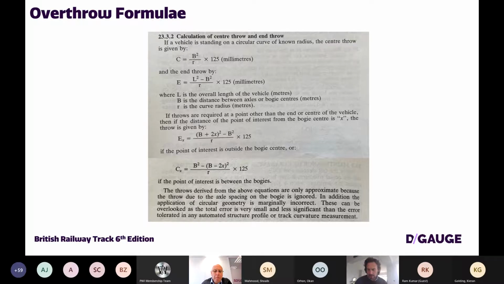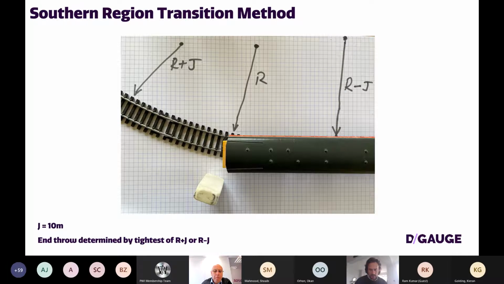So there was a method that was developed by the Southern Railway Company, Southern Region as it later became, where effectively we looked at ADI along the track and used that as an indicator of what was going to happen as the vehicle went down the transition.